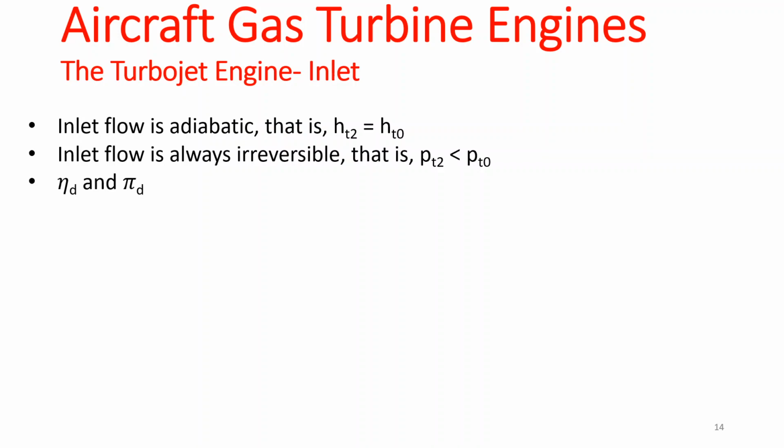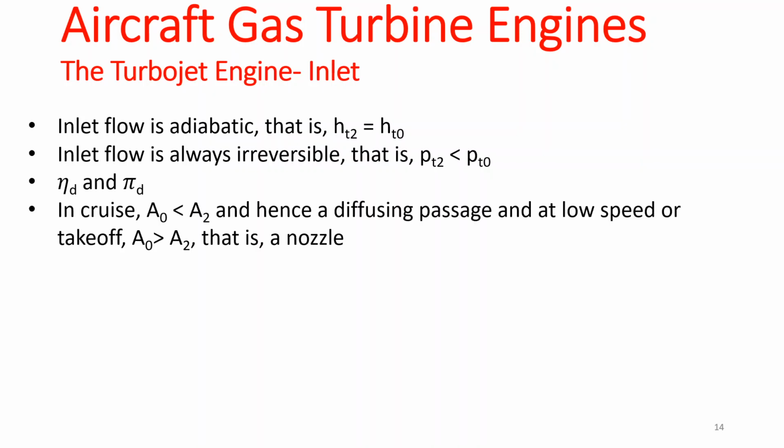The important concept in the inlet analysis and design is the efficiency of that diffuser. And when I say inlet here, I'm talking about the diffuser. So all of the inlet diffuser, right? Not just one station. The efficiency, the pressure ratio, the diffuser pressure ratio, and the diffuser efficiency.